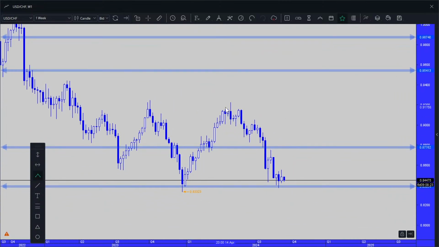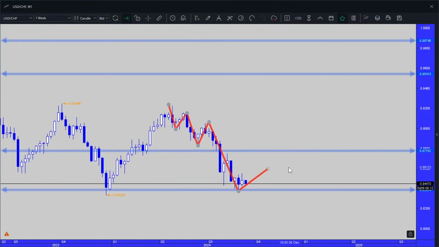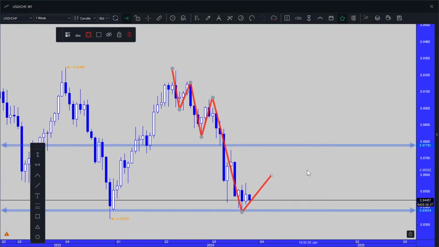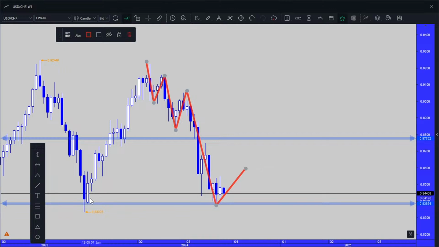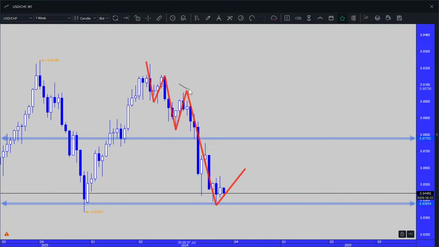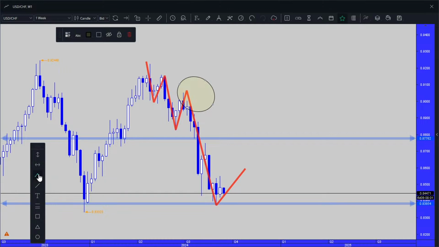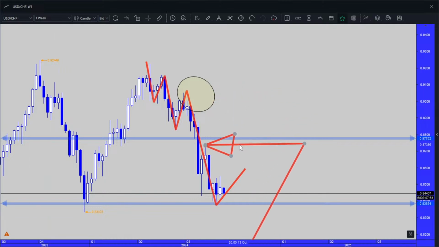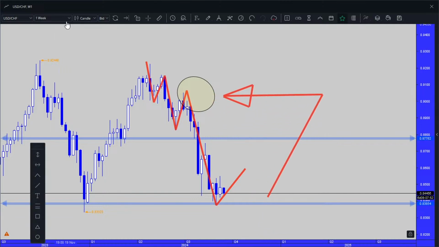So I need to chart high to low, low to high, high to low, low to high, high to low. That's not a high, so high to low. Everybody, before I can buy the market on USD CHF, from the weekly standpoint, I need to see the market making a higher high in here, because that's not a high, be careful.